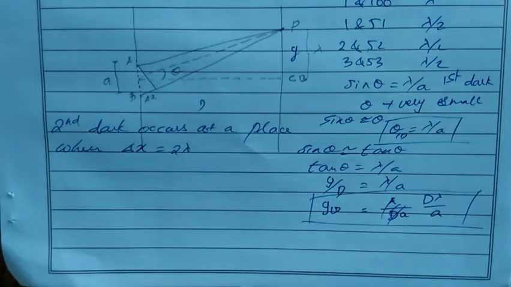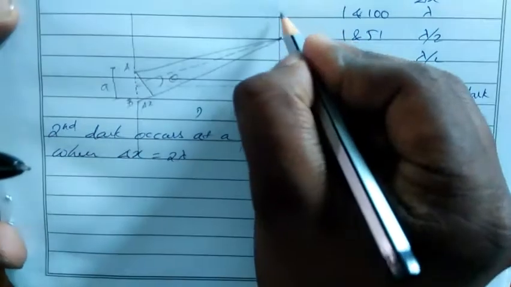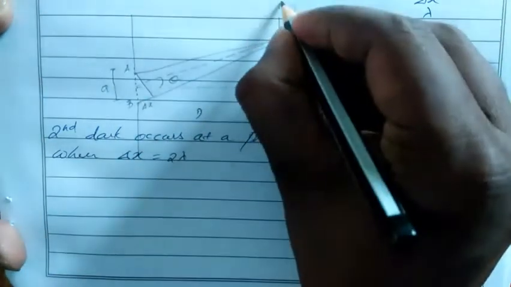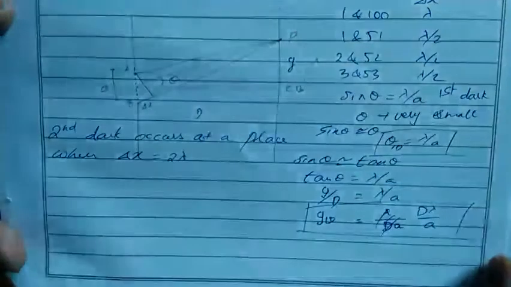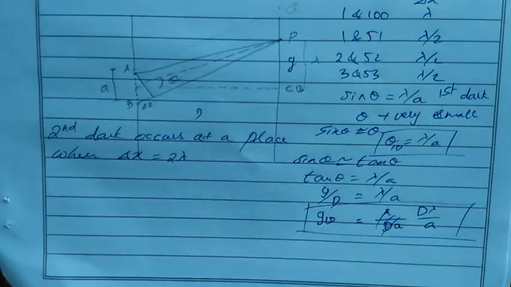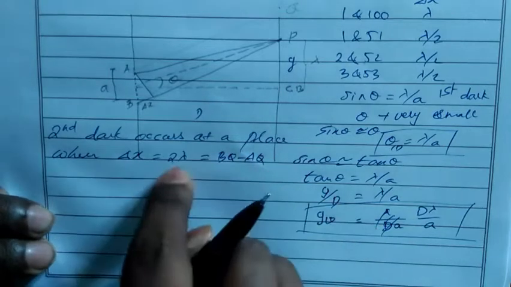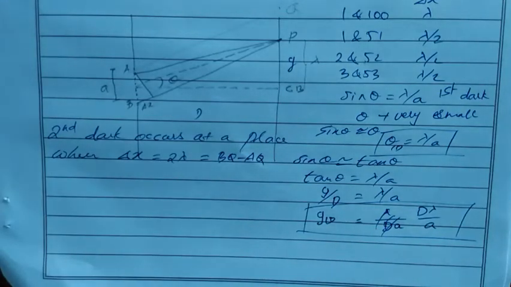For example, I take another dark somewhere here, and I take the point as Q. So here we have BQ, here we have AQ. Correct? So the distance BQ minus AQ will be 2 lambda, which is our path difference.